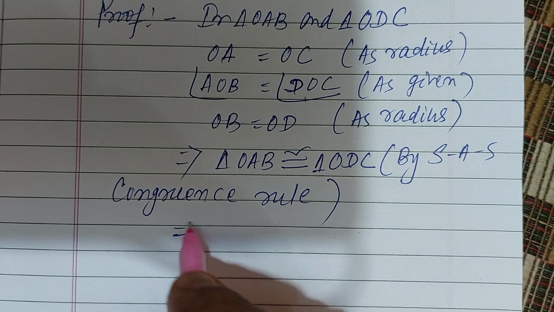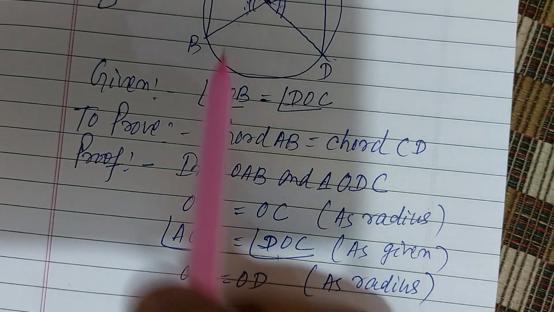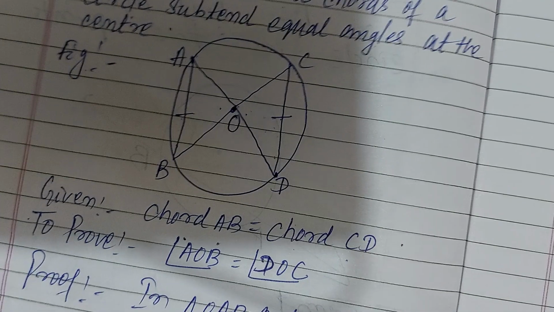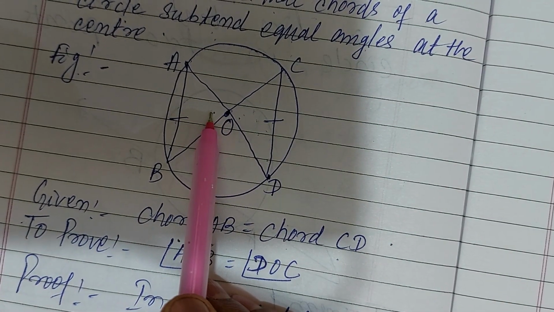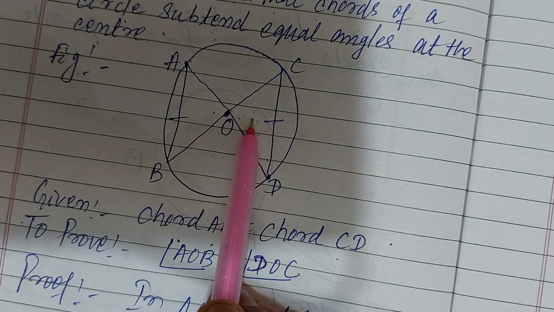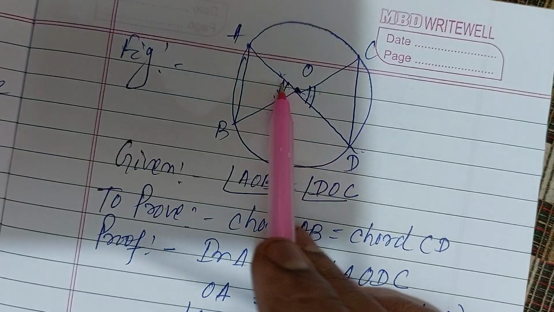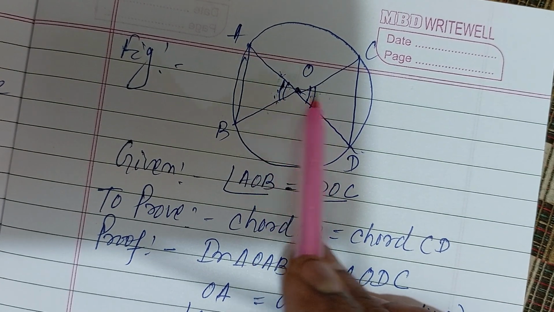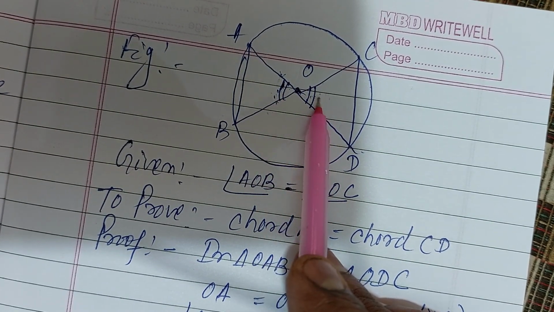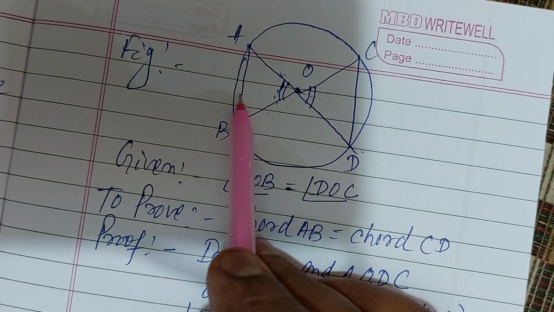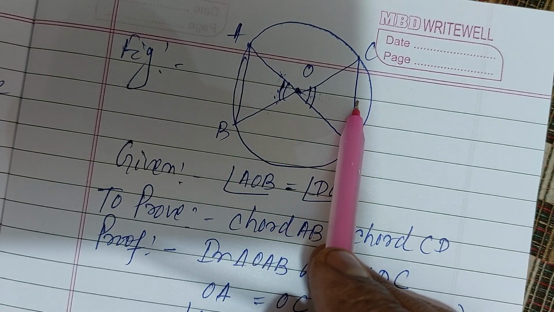So after congruence, you know that the sides opposite to equal angles are also equal. Here in theorem 10.1, after congruency, the angles opposite to equal sides are equal. But in theorem 10.2, the angles are equal. Angles subtended by the chords at the center are equal, and we have to prove that the chords are of equal length.